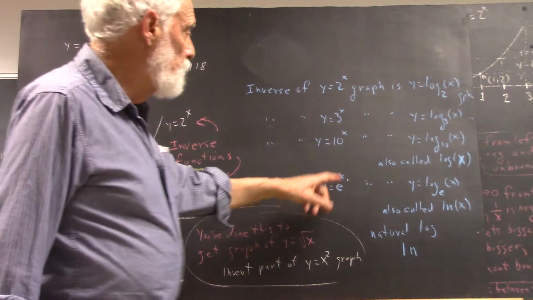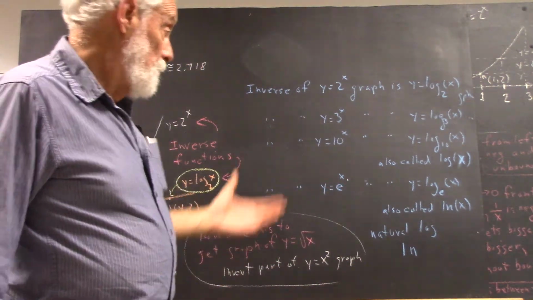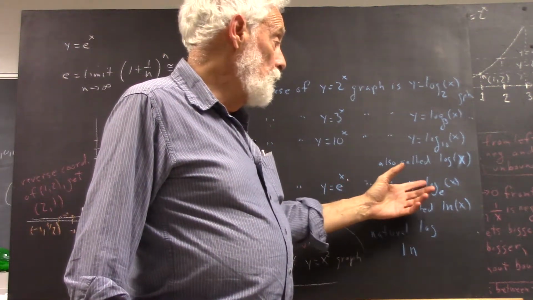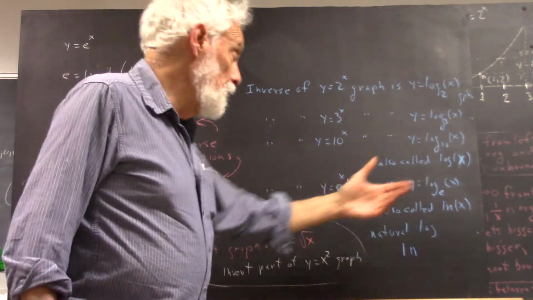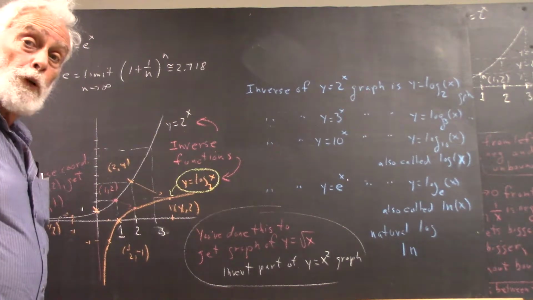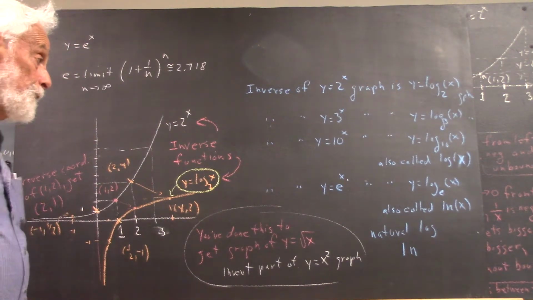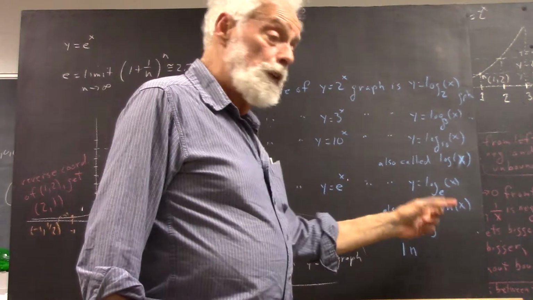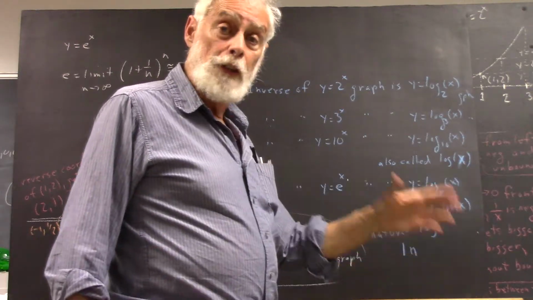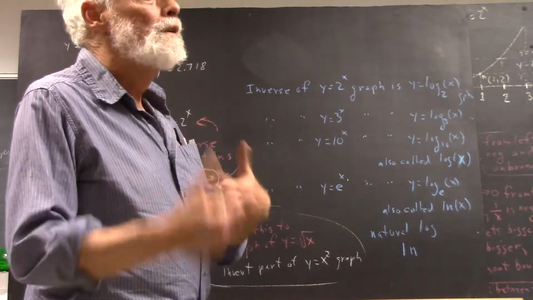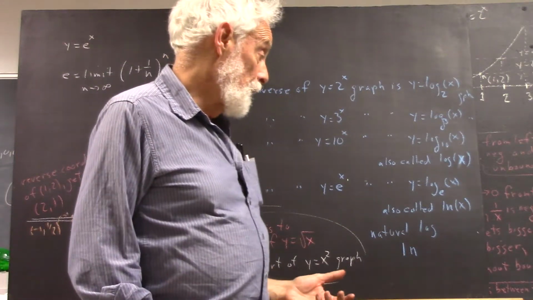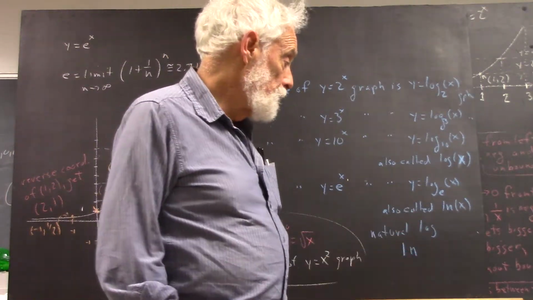Okay, now y equals e to the x. Well, if you invert that, you get y equals log to the base e of x. Now, I told you that e to the x is maybe the most important function in mathematics. So the natural log function, or the log base e of x function, is very important as well, because we have to use that to solve exponential equations and stuff like that, as you'll see by the end of this chapter.